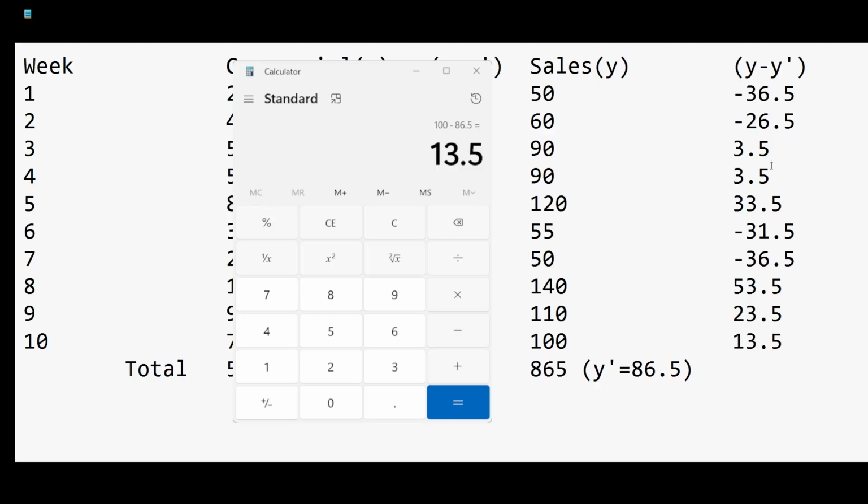And to check whether our computation is correct, we are going to add all of this, and the total should be 0. So let's try to check.